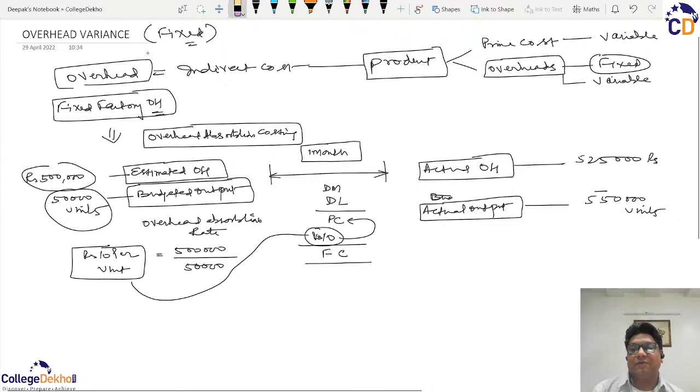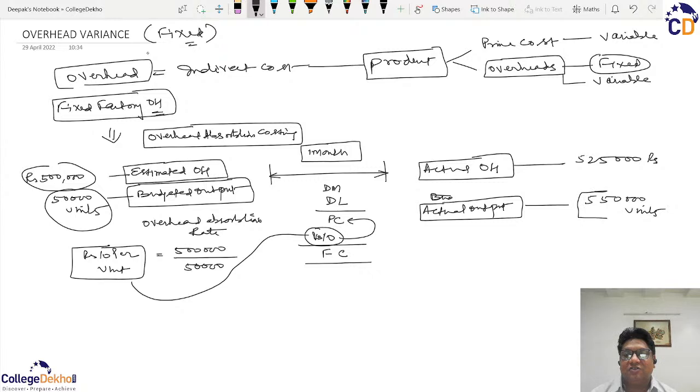So what is happening here is that because of the increased output, and though the overheads are fixed and have nothing to do with the quantum of production, still there is an increase in the overheads because of reasons which were not planned in the beginning of the month.